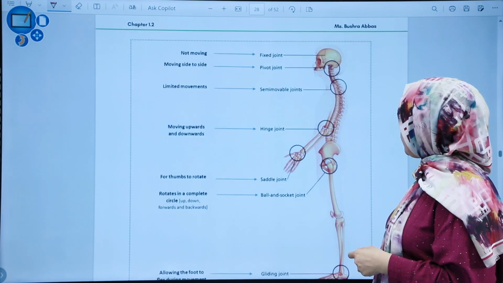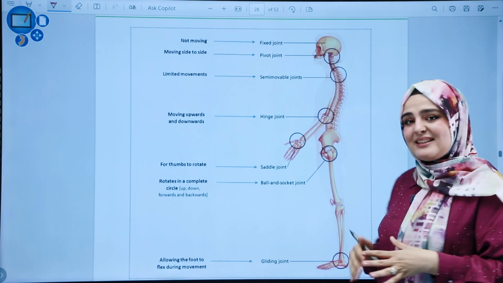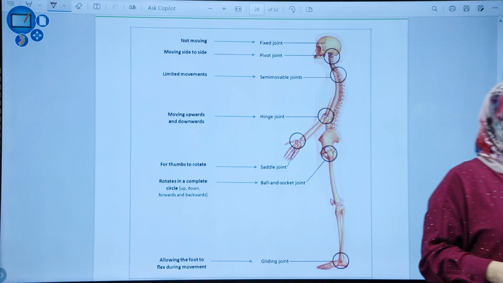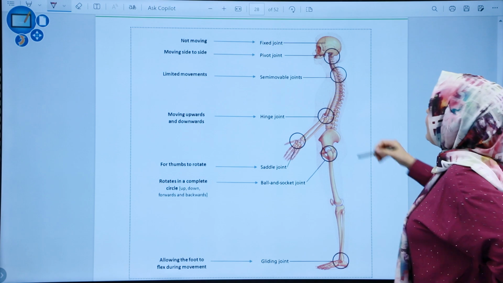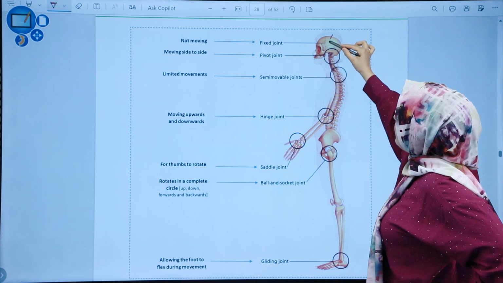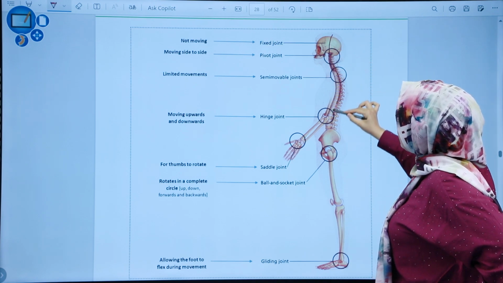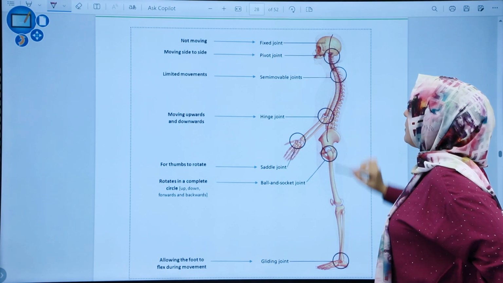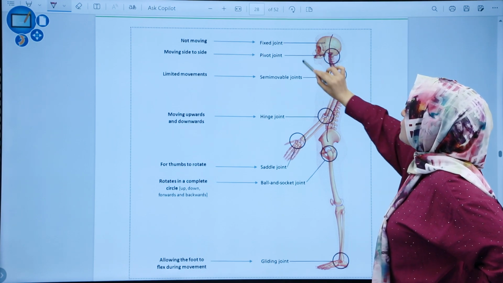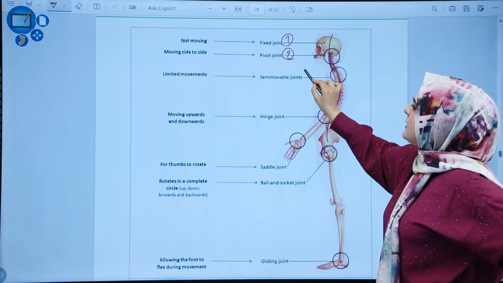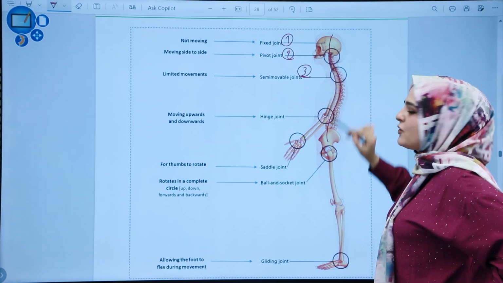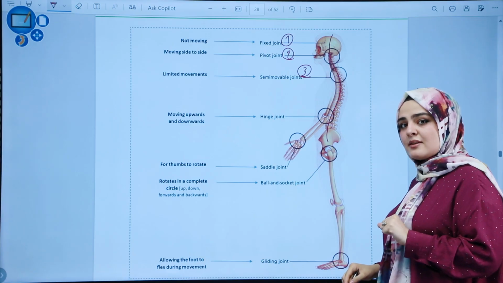Here, it shows a complete skeleton and how the bones are distributed. What we need to know is, if we're looking at the axial skeleton, how many types of joints did we cross? See, 1, a fixed joint, 2, a pivot, which is a movable joint, and 3, a semi-movable joint, although both semi-movable are on the axial skeleton.